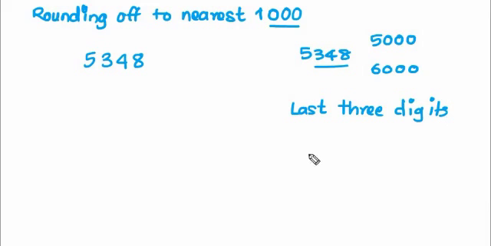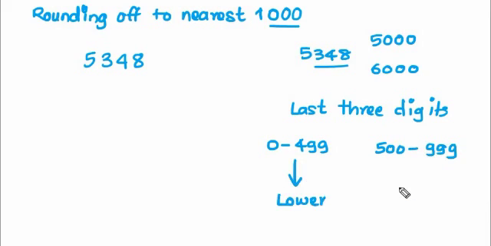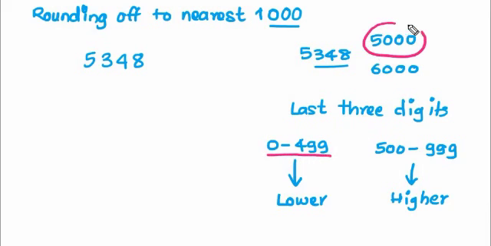The last 3 digits from 0 to 499 and from 500 to 999. 0 to 499 will go lower. 500 to 999 will go higher. Now here in this case we see 348 is between 0 to 499. So we are going to go lower, and our number is going to be approximated to 5000.